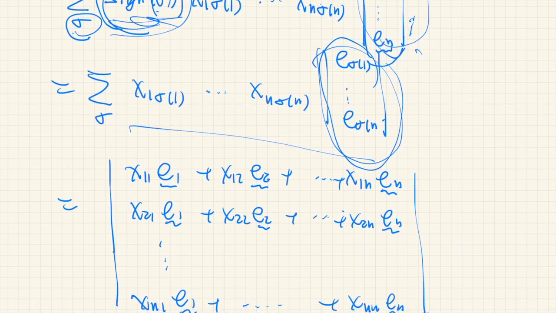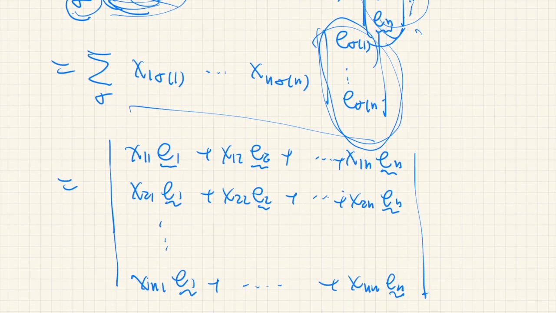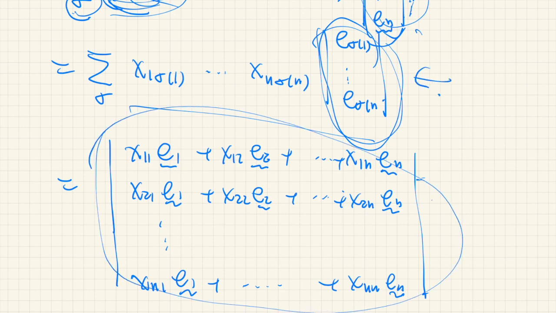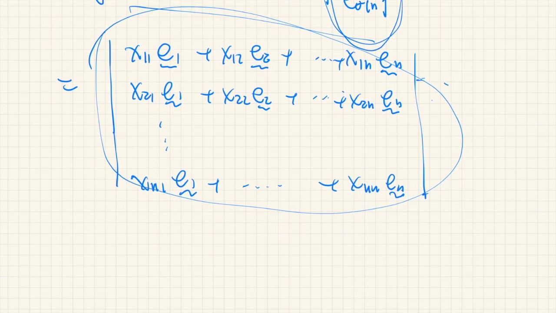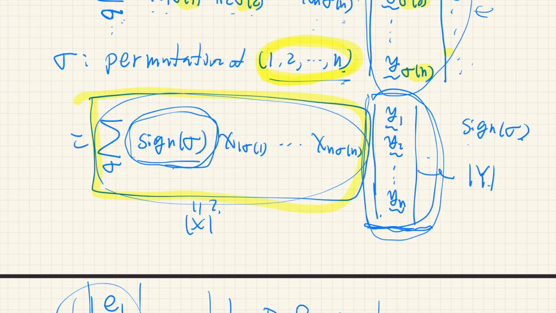Right? To see that, just again apply the linearity of determinants, and what you get is this one. So they are equal. But this thing is actually the determinant of x. So as we wanted to claim, this part is indeed equal to the determinant of x.